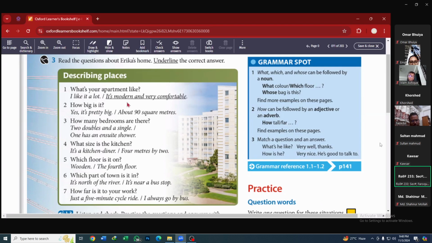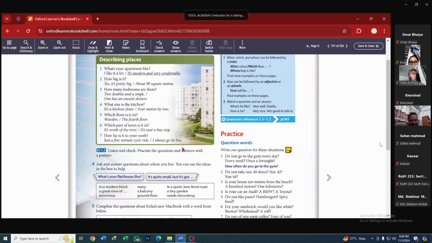Which part of town is it in? It's north of the river. How far is it to your work? Just a 5-minute cycle ride. Great work. Thank you, both of you. Thank you, Mr. Farooq and Mr. Sajidul. So Mr. Sajidul seemed very prepared. He was very abrupt with his answers. Well done. Okay, so that was great work, all of you who participated.